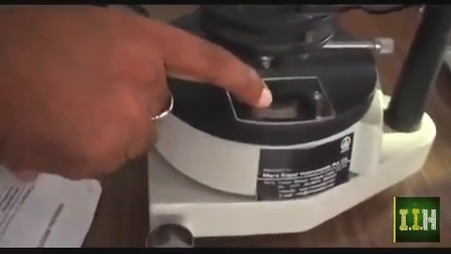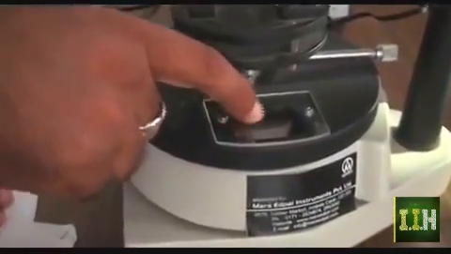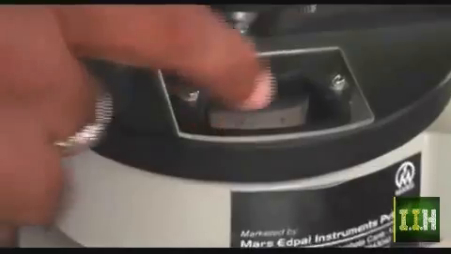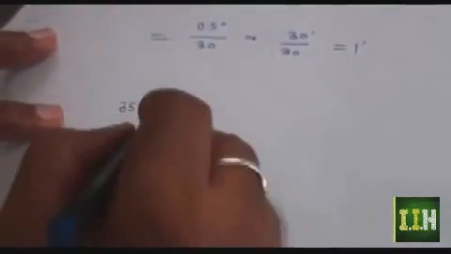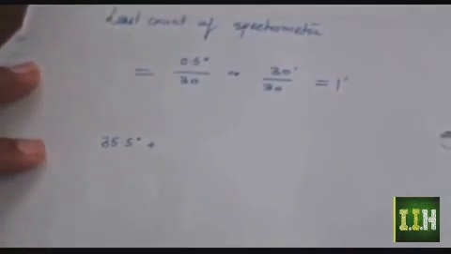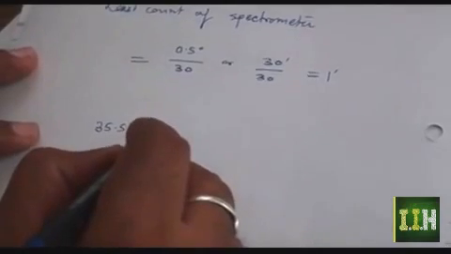If, let's say, the 25th mark matches with one of the divisions on the main scale, then the value will be, let the main scale value be 30.55 degree, and plus, if you see, let 25 division matches.